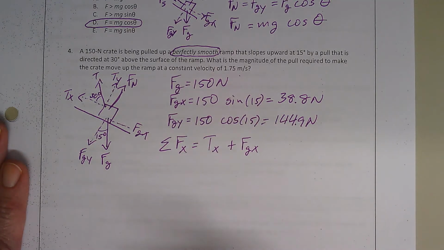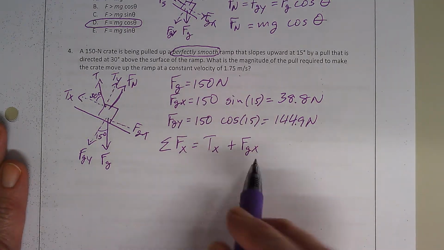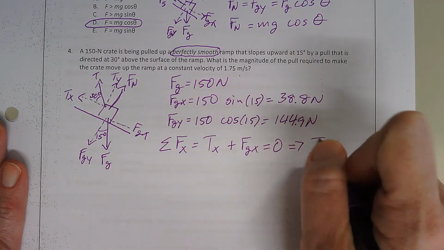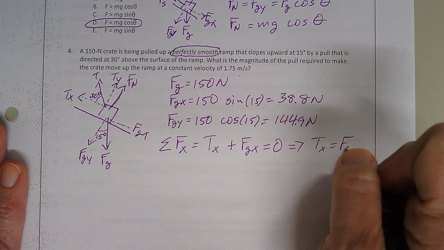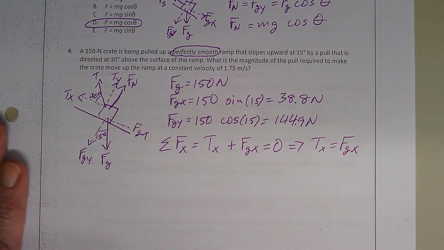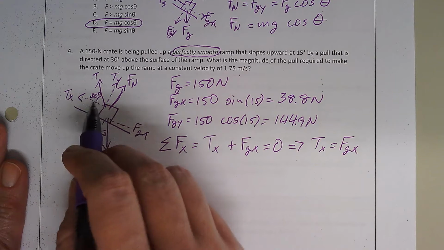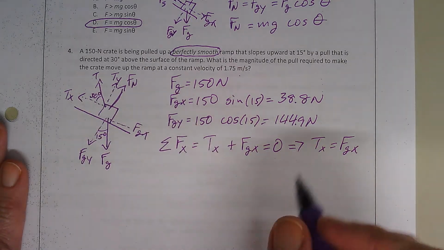If it's a constant velocity, then the net forces in the X are going to be 0, which means my tension in the X equals my Fgx. So my T in the X direction is taken with respect to the ramp surface.